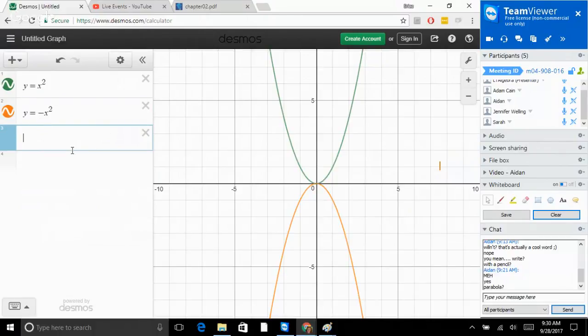All right, so before I even type it, what happens if I put a larger positive number in front of x squared? So if I do 10x squared, what's my graph going to look like? Steeper. Yeah, that's right, Aiden, right?